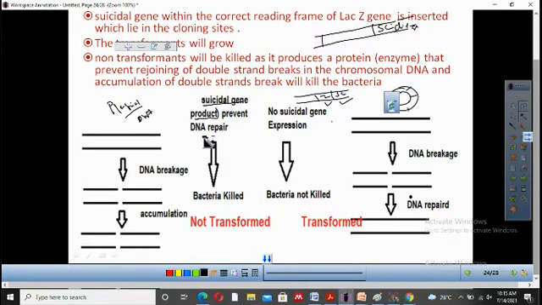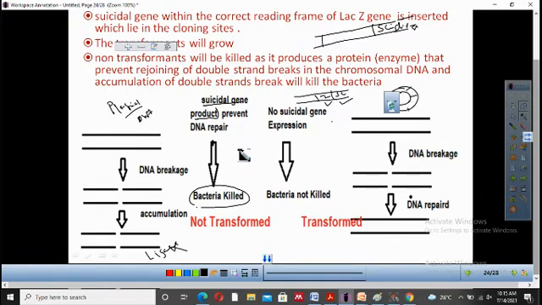So there will be no DNA repair in the presence of suicidal genes, whereas normally this break can be sealed by means of ligase. This product hampers the ligase enzyme. So the DNA breaks get accumulated inside the cells, which has a harmful effect, and the bacteria is killed because there is no intact DNA to promote growth.